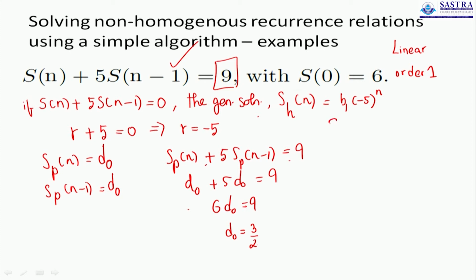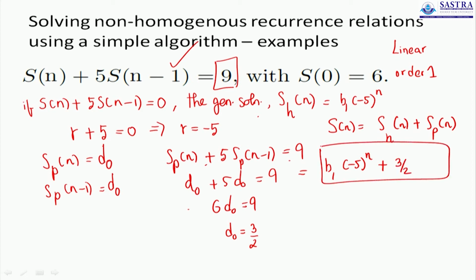Therefore, the solution of the recurrence relation, which is one part homogeneous and one part particular, is obtained by adding the two. So, b1 times minus 5 to the power of n plus 3 by 2, that is all we have as the answer. That is the required answer.